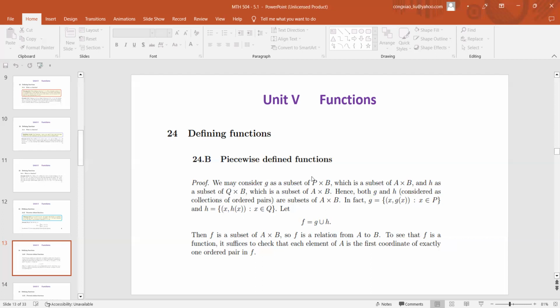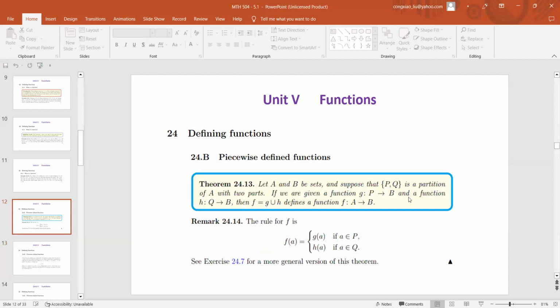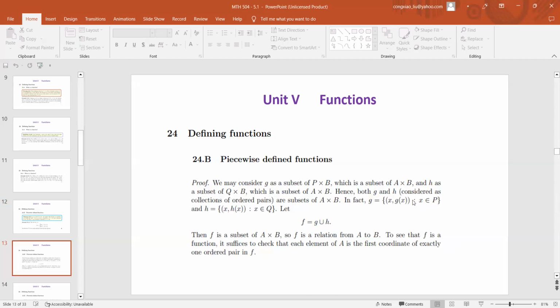And obviously that's a subset of A cross B because P is a subset of A. Remember, set A is partitioned by the two sets P and Q, so P is a subset of A. When you take the product, A cross B means all the pairs (a, b) where a is from set A and b is from set B, including all the elements from those two sets.